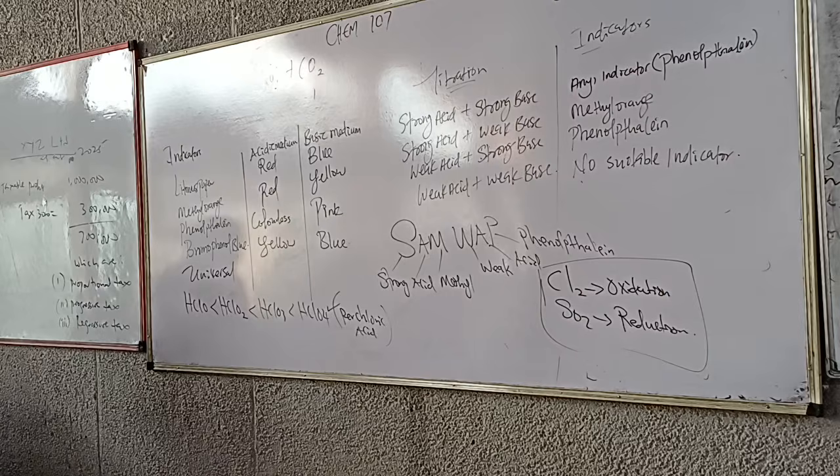Number 31 says, which of the following is not a way in which a solid solute can be made to dissolve more quickly in a liquid solvent? Of course, when you stir, the stuff dissolves quickly, right? Let's say you put a particle inside water and you are stirring, the stuff will dissolve quickly. When you heat and you shake, it also dissolves quickly. When you grind to powder, it dissolves quickly.